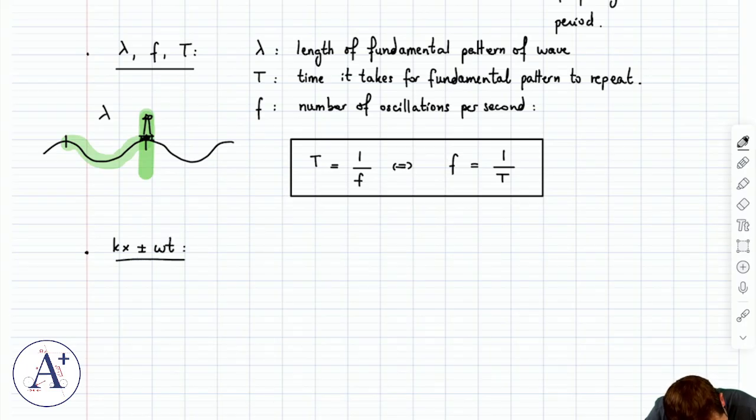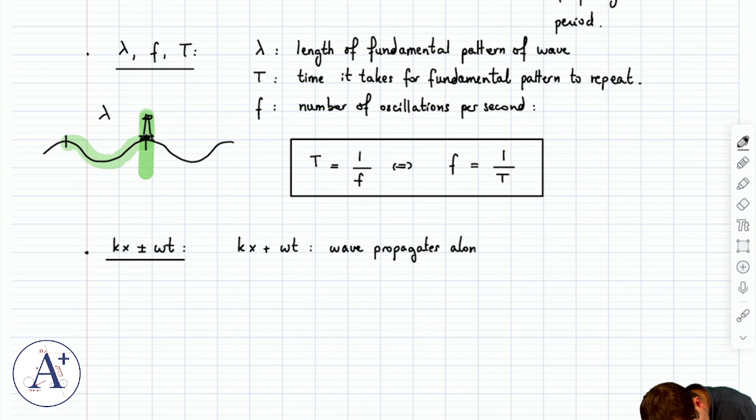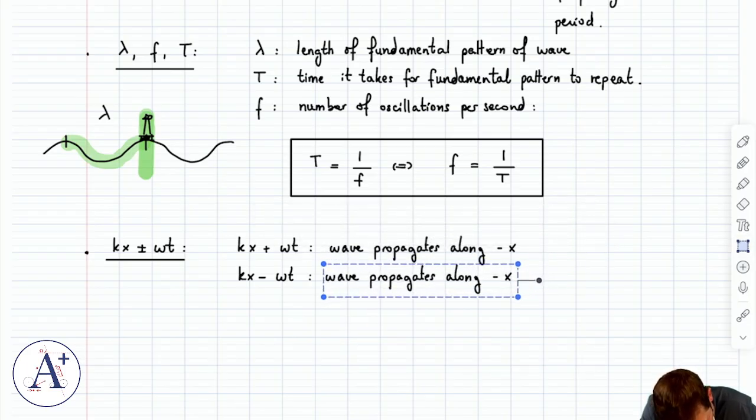So now, kx plus or minus omega t. If I have kx plus omega t, the wave propagates along minus x, whereas if I have kx minus omega t, the wave propagates along plus x.